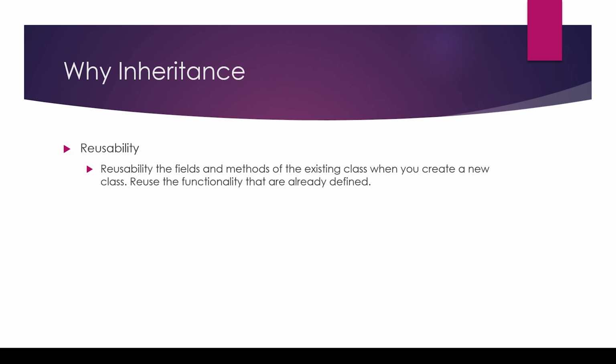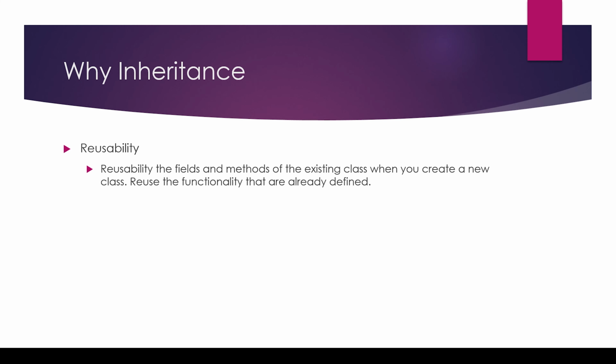Why inheritance? We use inheritance for reusability. For example, you defined your functionality and then you need this functionality in some other place, or in some other program, or maybe in some other classes. So you can inherit this functionality from your base classes.